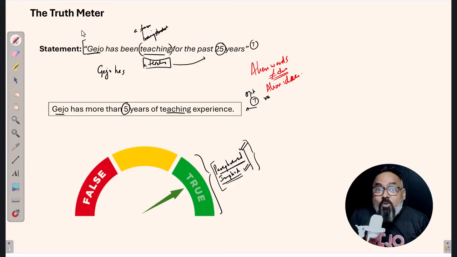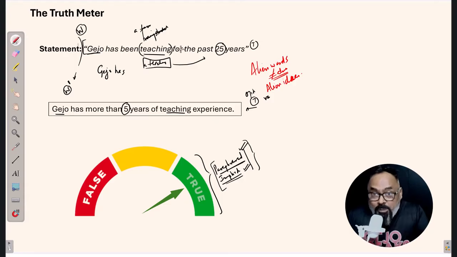The words that have been used in the passage and the words that have been used in the options could be different, yet the idea can remain the same. That is what the question setter does.